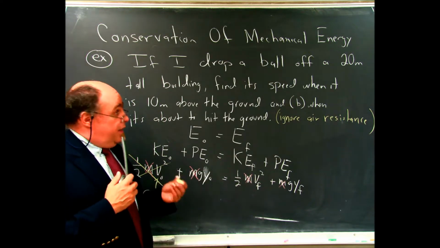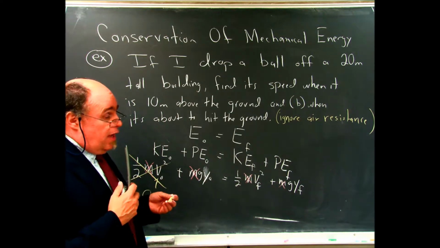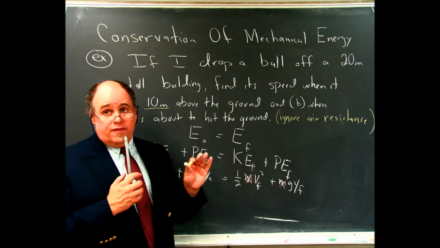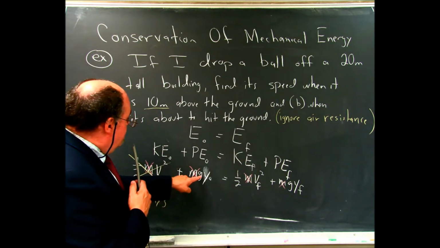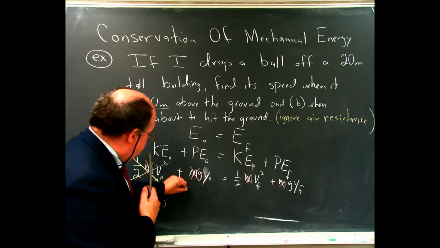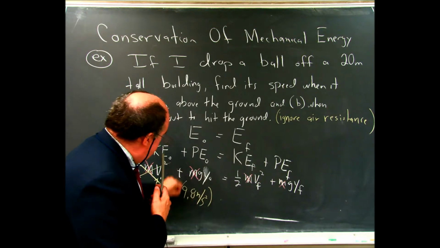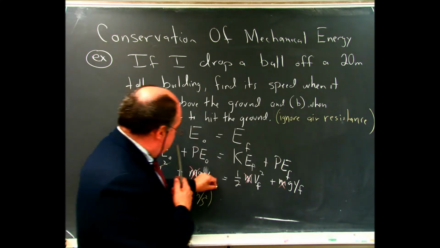It says that we're going to drop this ball, and we want to know its speed when it's 10 meters above the ground. So I'm just going to plug in the numbers exactly as I see them. G is gravity, 9.8 meters per second squared, times the initial height. It was 20 meters off the ground.